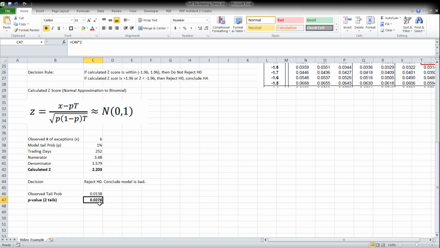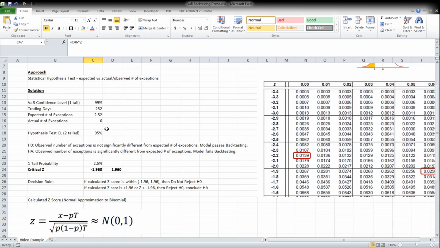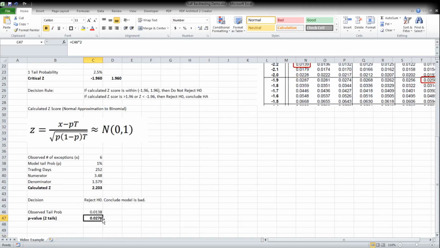You compare your p-value, which is 2.7%, to the significance level of the test itself. In our case, we had a 95% hypothesis test confidence level. Our p-value is smaller than the 5%, so our decision is the same. We reject the null and we fail backtesting. So the decision based on the p-value is the same as the decision based on the calculated z-score and the decision rule we set out earlier.